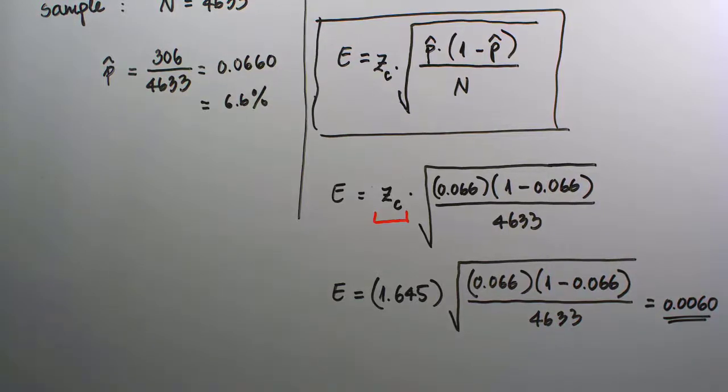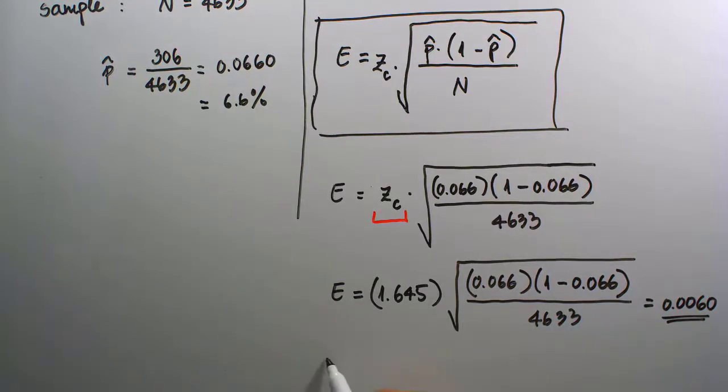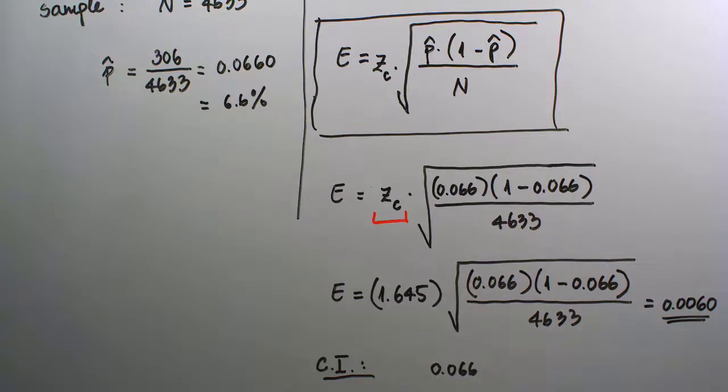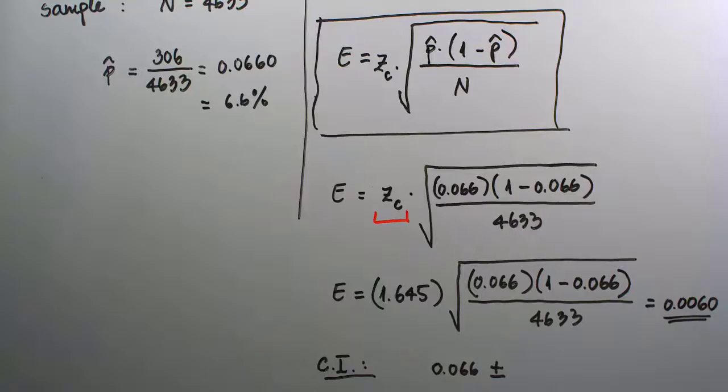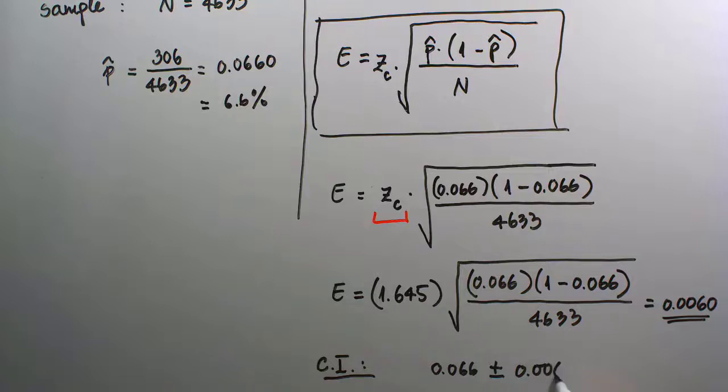And our final confidence interval here, let me make note again, is from our known sample proportion value, 0.066, at a 90% level of confidence. The statewide COVID-19 positive proportion on July 26, 2020 is only 0.006 up and down from where our sample proportion was.